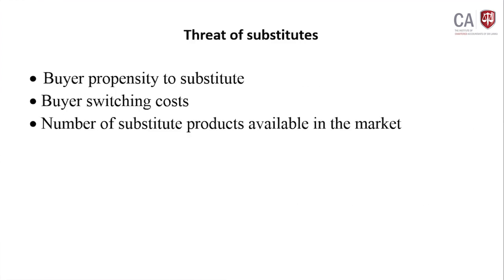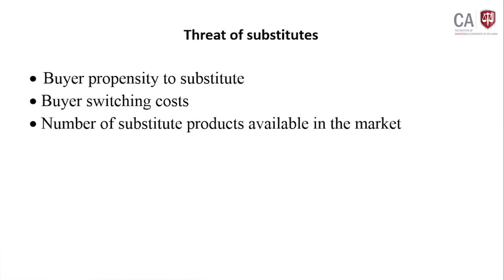Threat of substitutes: buyer propensity to substitute, buyer's willingness to buy substitutes, buyer switching cost, number of substitute products available in the market. By favorability to substitutes, I think it's medium. Some people may prefer them more, some people may not. Switching cost is zero, and there are a lot of substitutes available in the market.